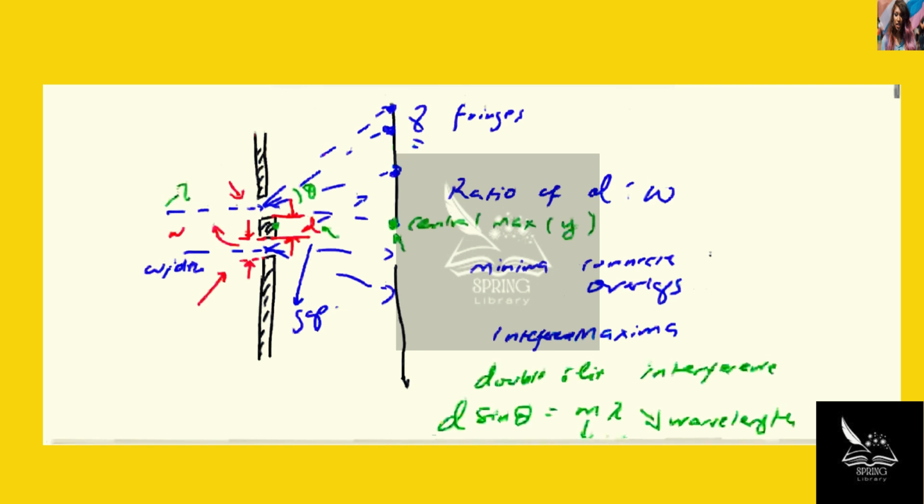And there are 8 bright fringes, and the minima overlaps the interference maxima in this instance. So we want to find the ratio of these two openings. We're dealing with two openings right here. There's the gap, and then there's the width. Those are the two openings we're looking at in this particular problem.